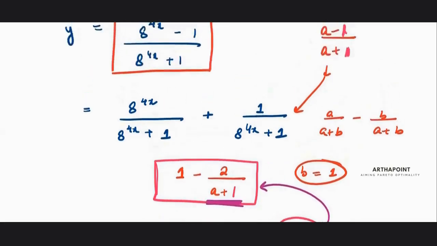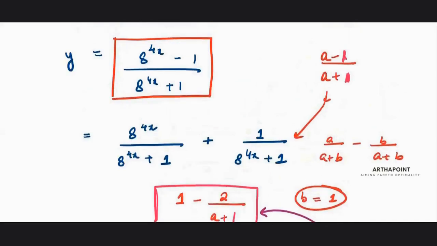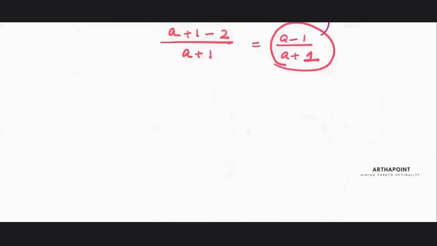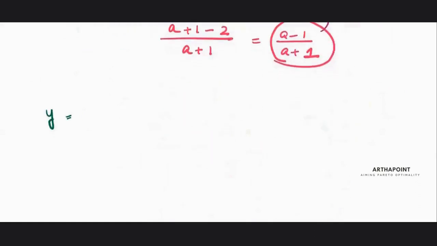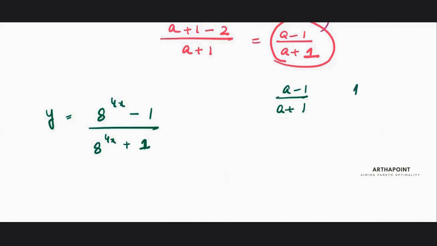So I'm going to simplify this thing. If y is equal to 8^(4x) minus 1 upon 8^(4x) plus 1, a minus 1 upon a plus 1 is nothing but 1 minus 2 upon a plus 1.